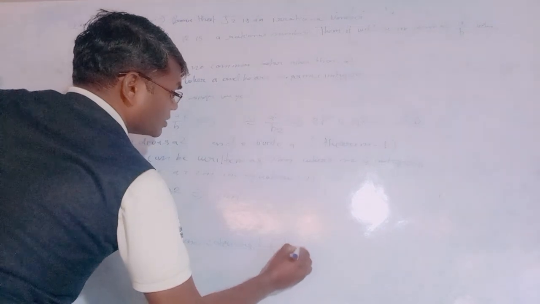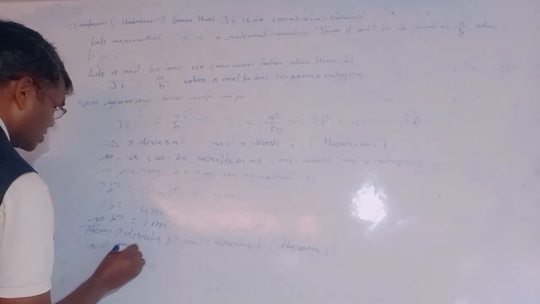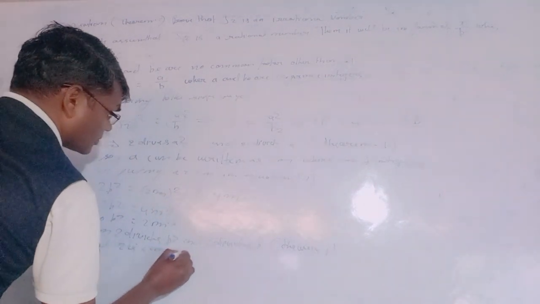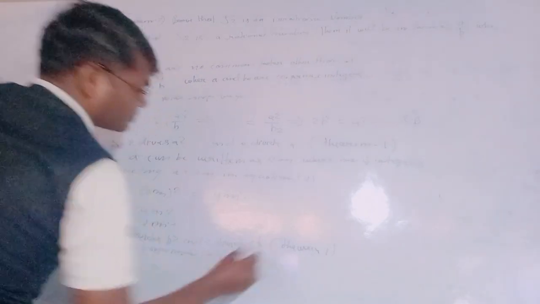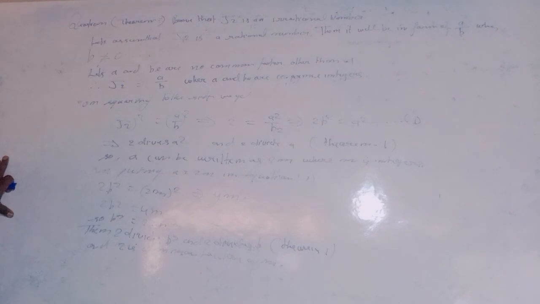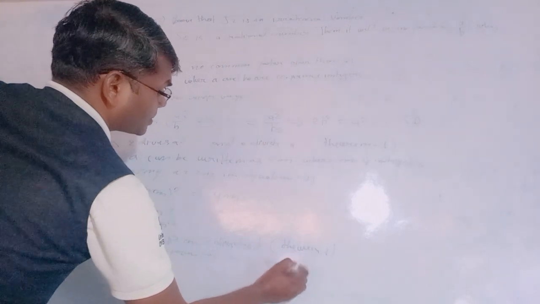Theorem 1. So 2 is a common factor of a and b, small a and b integers.